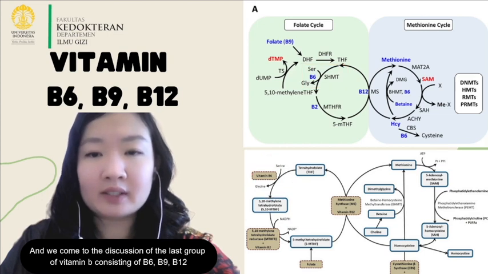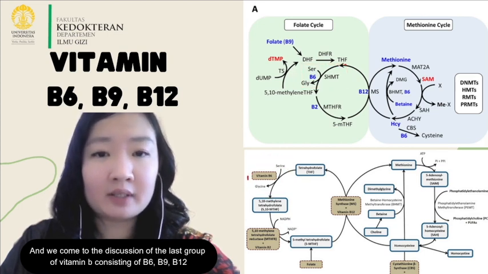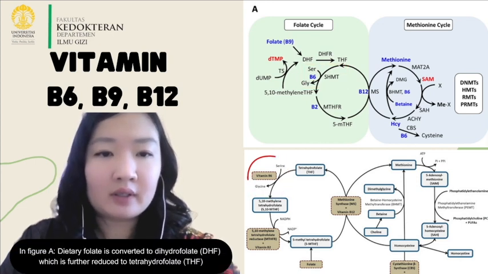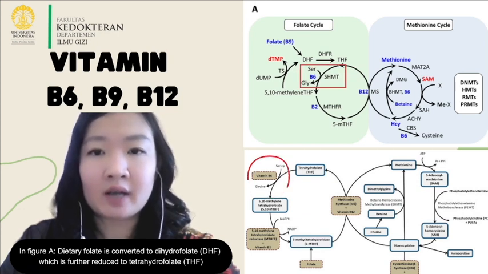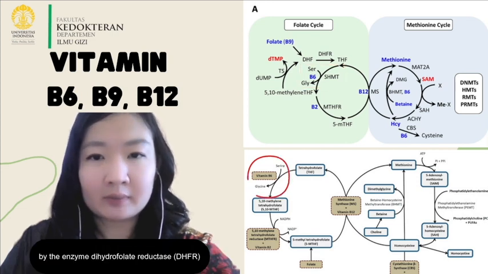And we come to the discussion of the last group of vitamin B, consisting of vitamin B6, B9 or folate, and B12. In figure A, dietary folate is converted to dihydrofolate, which is reduced to tetrahydrofolate by the enzyme dihydrofolate reductase.